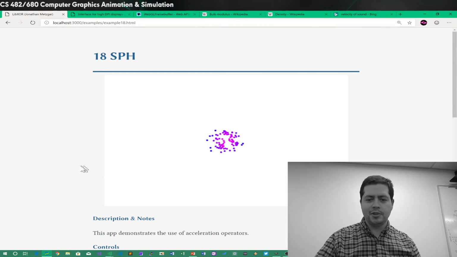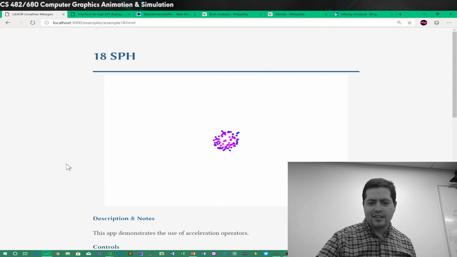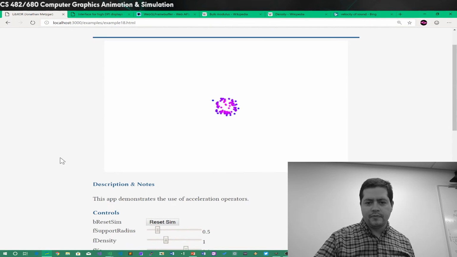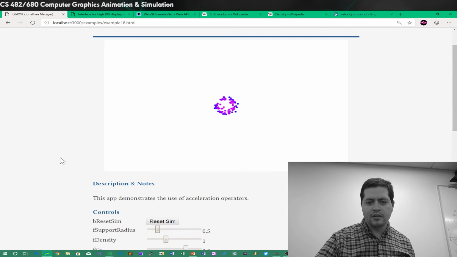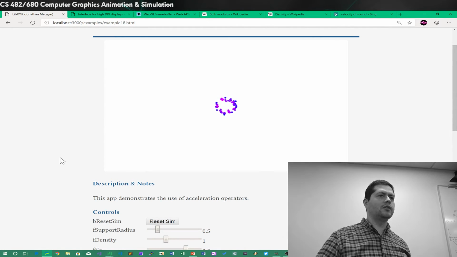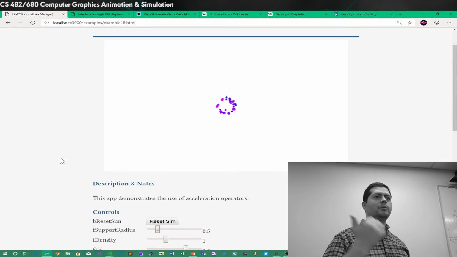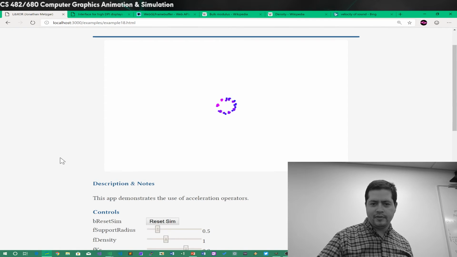It's a blob. Okay. So I guess the idea is that as they get too close to the center, then the pressure increases and drives them out. That's not just a circle though.